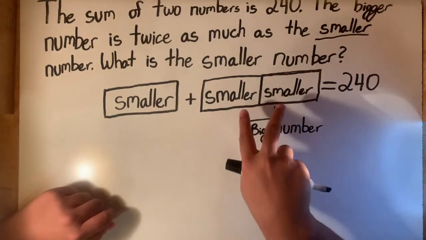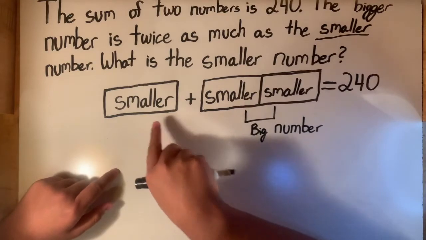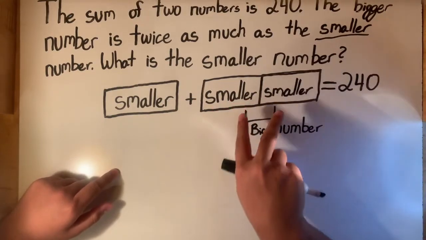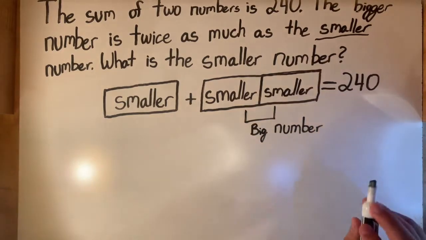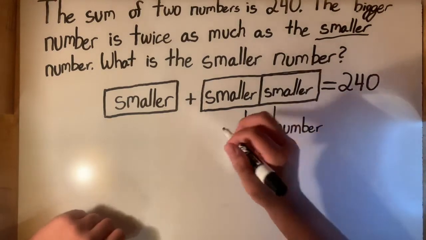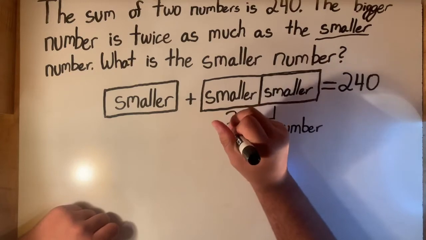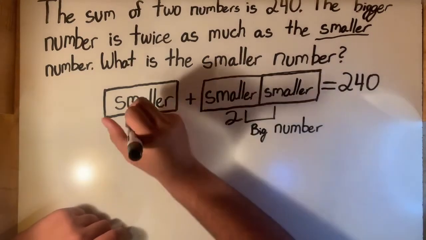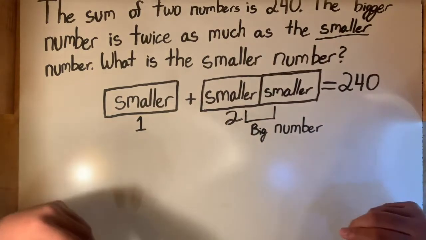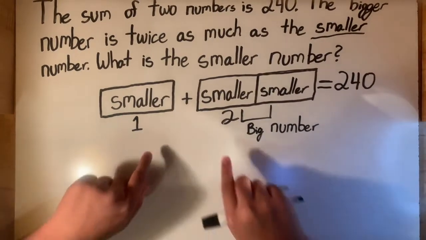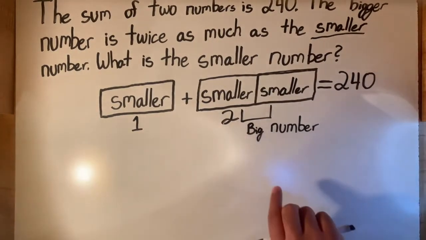So basically, it's the smaller number plus two more smaller numbers, which equals 240. Here we have two of the smaller numbers, and one of the smaller numbers, which means that we have three total smaller numbers.